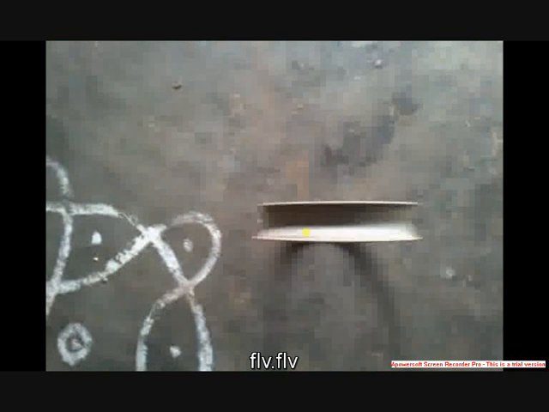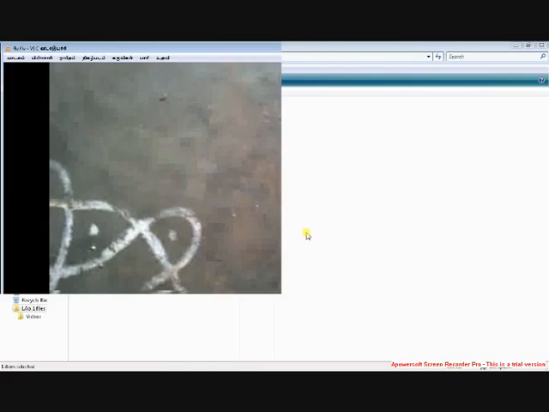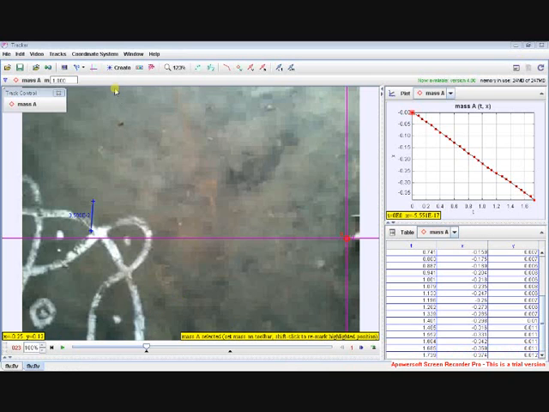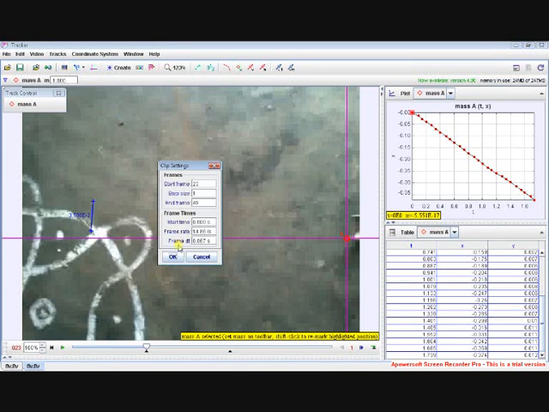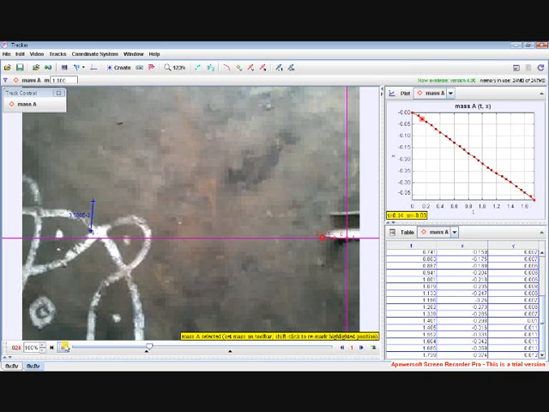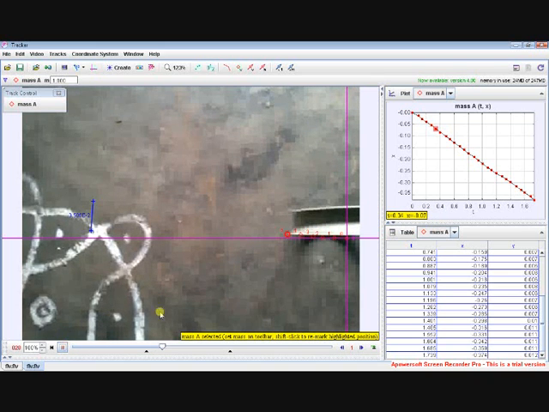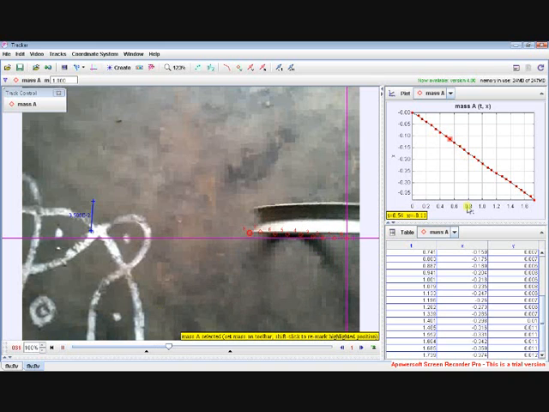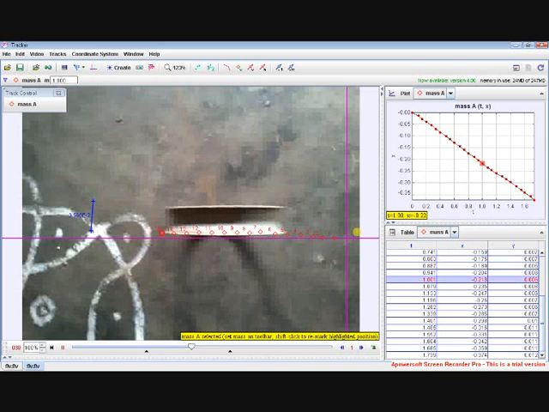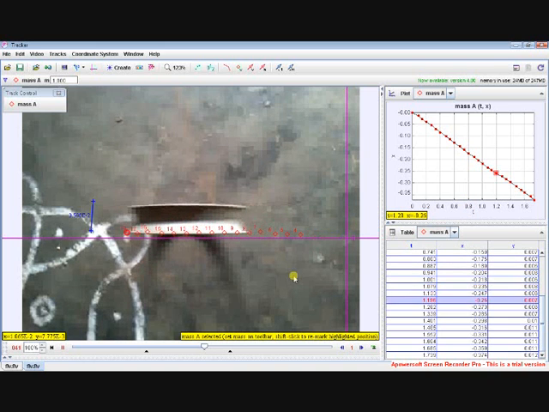So this is actually the video of the ring running across the screen. Then this is the tracker file which was used. This shows the frame rate, total length, and this shows the path traced by the ring, and also the graph and the coordinate points extracted from the tracker software.